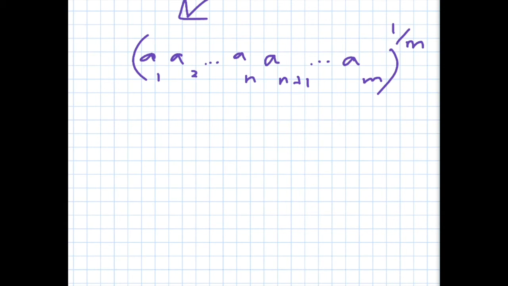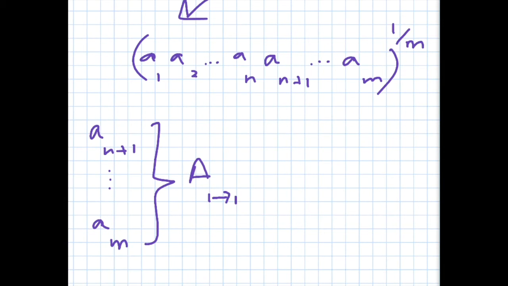What Cauchy did very smartly was to choose those numbers. He said that a(n+1) up to am are all equal to the arithmetic mean of the first n numbers, and let's call it alpha.